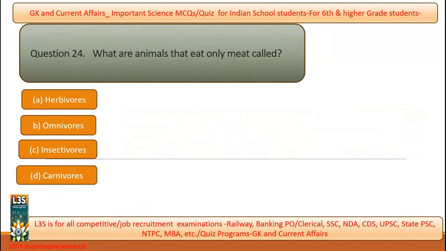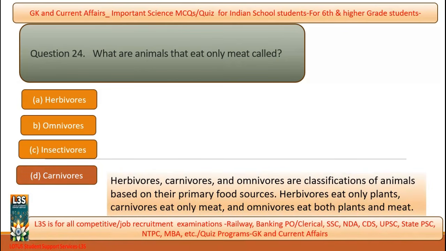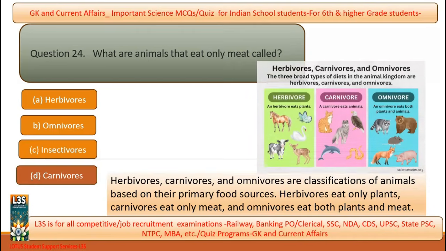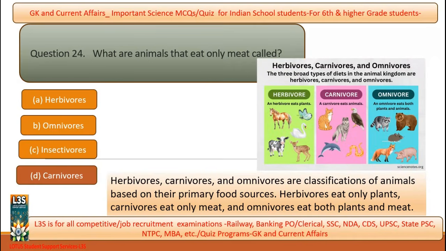What are the animals that eat only meat called? Herbivores, omnivores, insectivores, or carnivores? Animals who eat only meat are called the carnivores. Herbivores eat only plants, carnivores eat only meat, and omnivores eat both plants and meat.